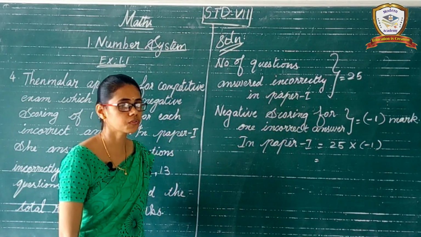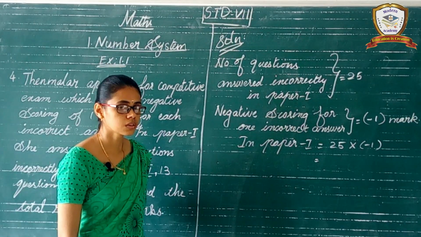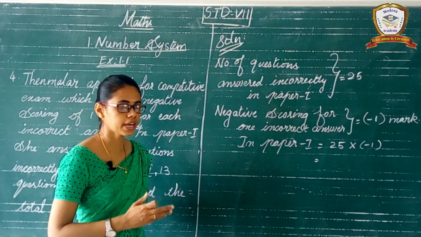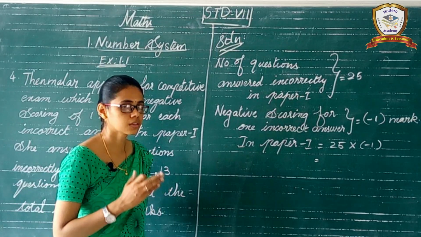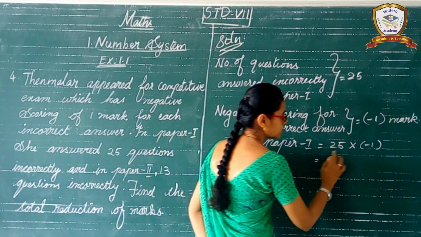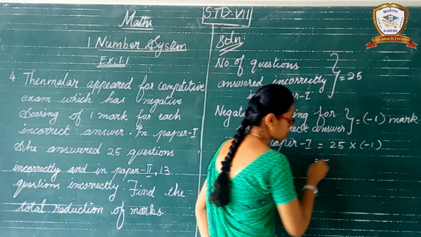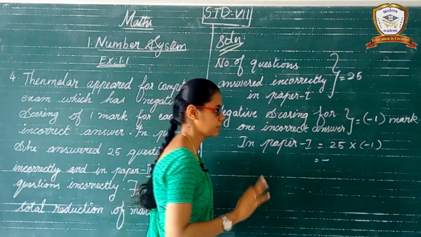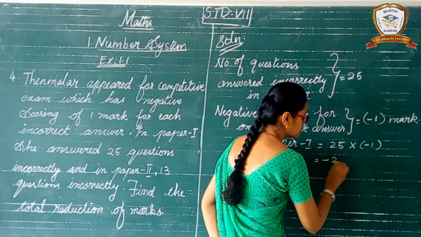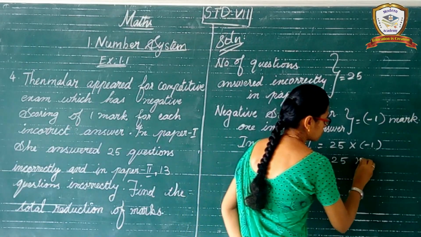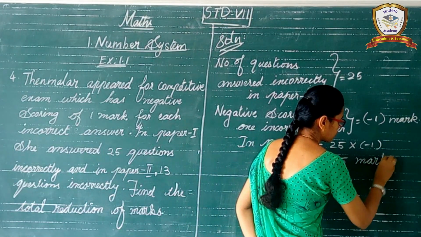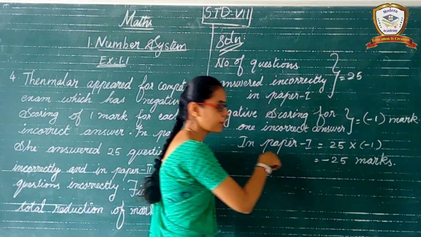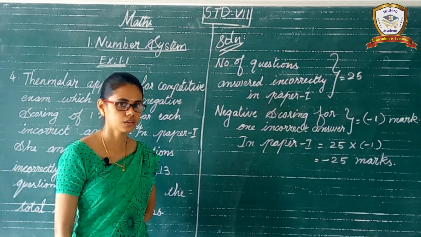Different sign means we mention the minus sign and multiply as usual. 25 into 1 is 25. So minus 25 marks in paper 1. Clear?